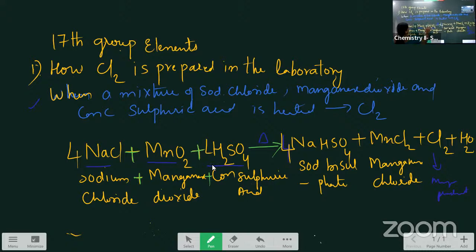Then 4 H2SO4. Try to balance this. So how many moles of water? 4 2s are 8 hydrogens. Already 8 hydrogens are there, 4 hydrogens are here. So you are left with 4 hydrogens, so it will be 2H2O.